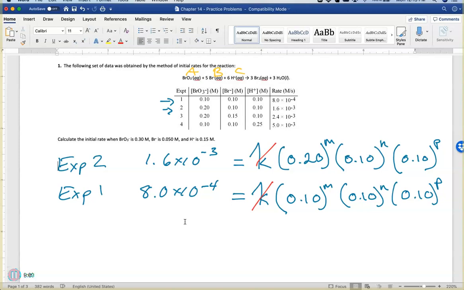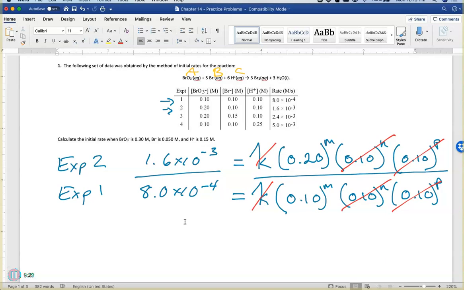Actually, I'm saying that, maybe I should be explicit. Remember, we're dividing those two equations. So that first term, that concentration of BrO3 minus, won't cancel, but we'll notice that the other two reactants do. 0.1 to the nth divided by 0.1 to the nth cancels. 0.1 to the pth divided by 0.1 to the pth cancels.